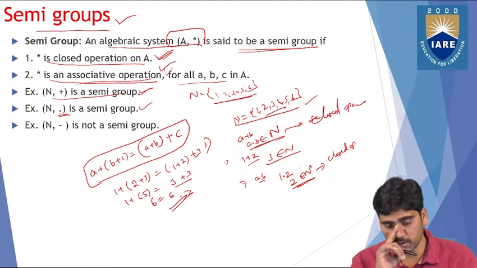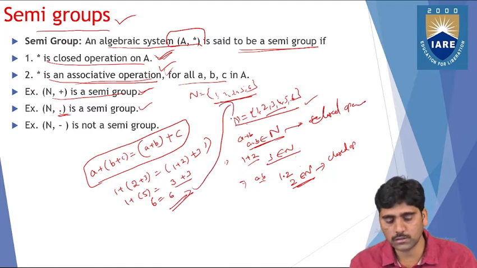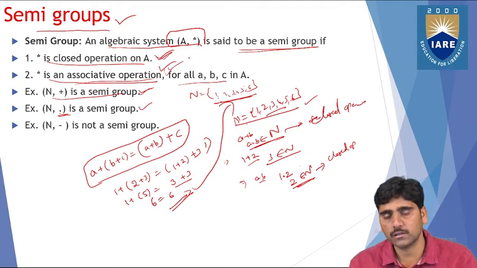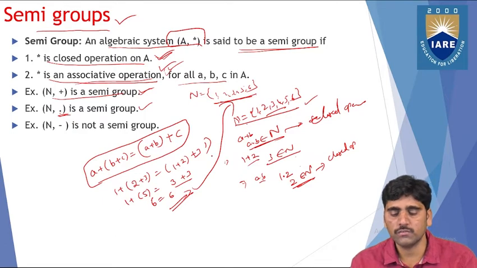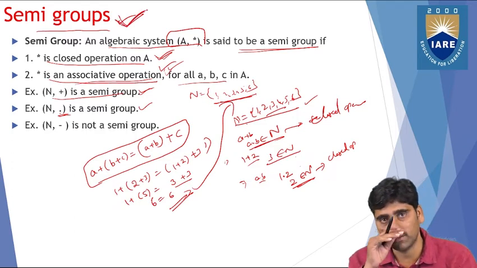So you get the value 6, and 6 belongs to N. So you can say this is an associative operation. If it satisfies both the closed operation and the associative operation, then it is said to be a semi-group.